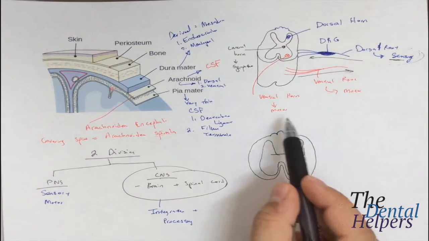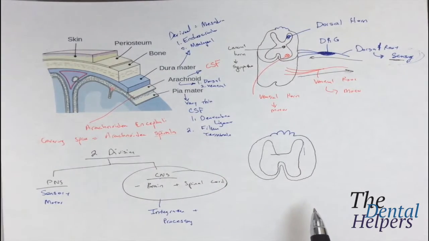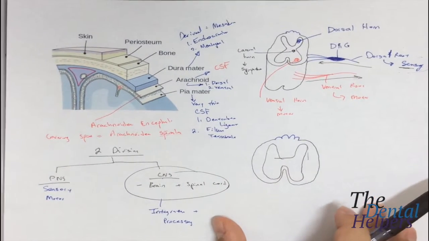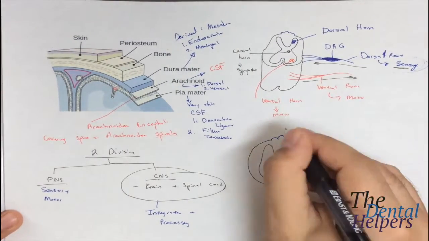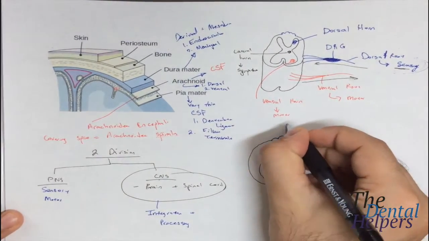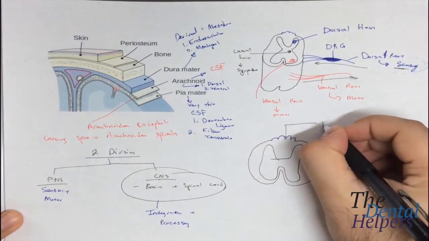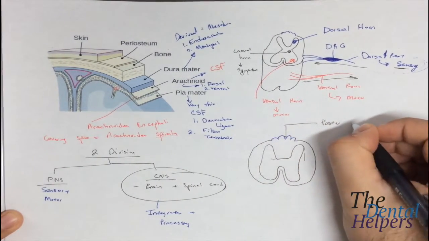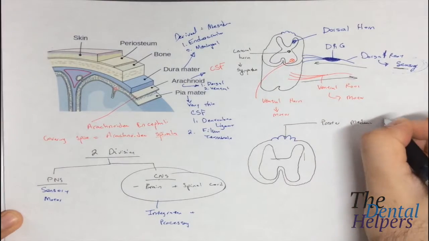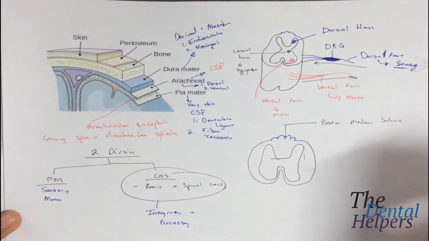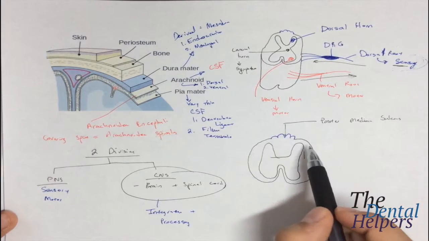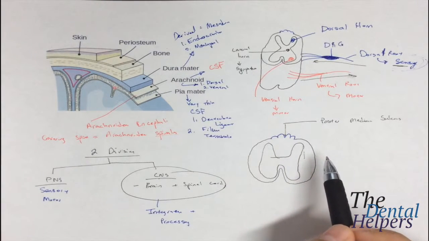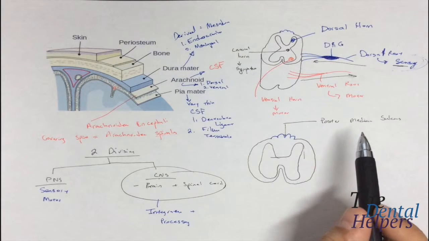Let's look at the parts that we need to know for the spinal cord. Up here we have what's called the posterior median sulcus. The posterior median sulcus increases towards the lower part of the medulla spinalis, or the spinal cord.